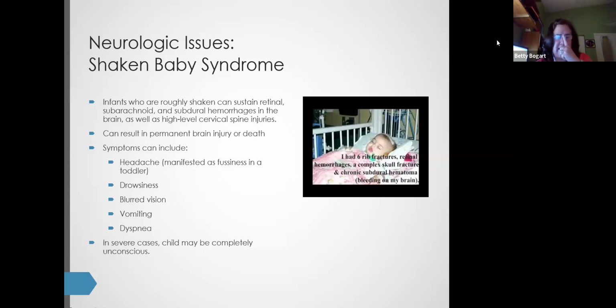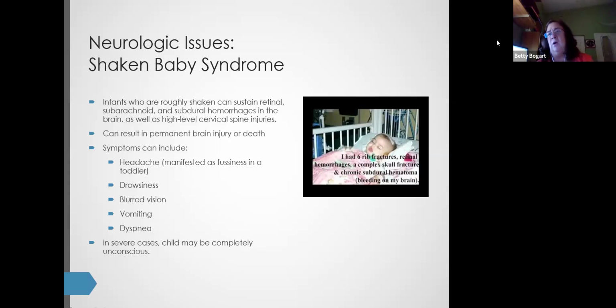So what would we see? Well, you see a headache. Well, how do you know they have a headache? Sometimes it's as simple as the kid touching his head or moving its head against the bed. Or maybe it's the grimacing, that pain-looking thing. And it could be fussiness, irritability in a slightly older child.